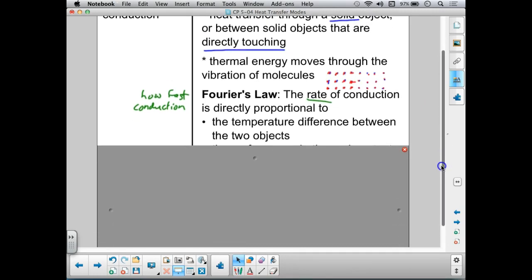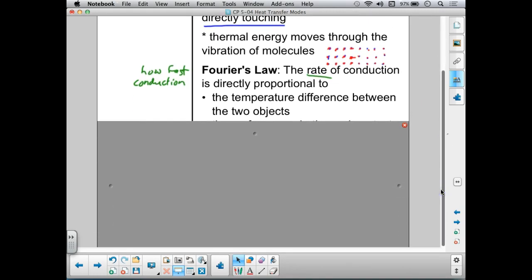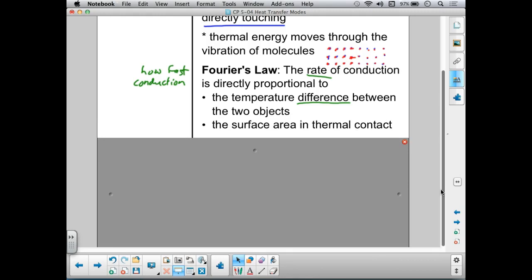One, the temperature difference between the two objects. If I make the difference between the temperatures of two objects greater, heat conduction is going to happen faster. We'll see a graph of that in a moment, and also we'll see some examples of that in class.